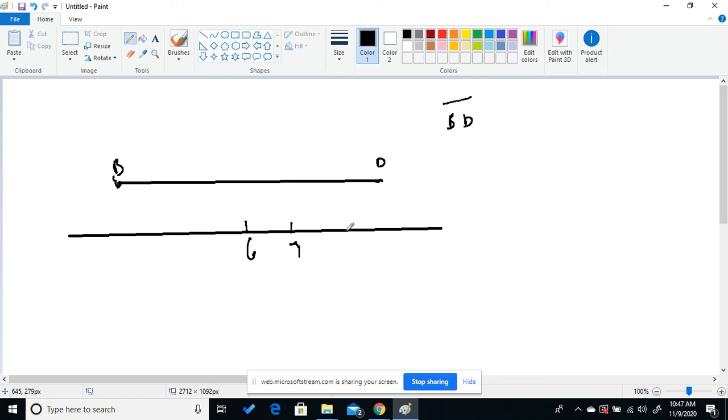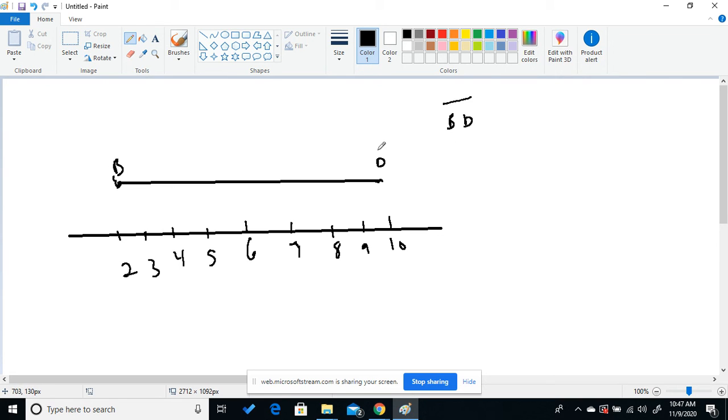Sorry about that. Okay. So we have line segment BD. We want to find the distance. So you can tell point D is number 10, and point B is number 2.